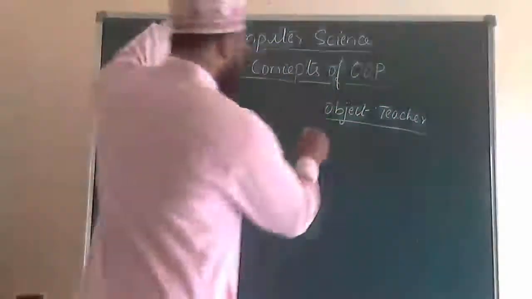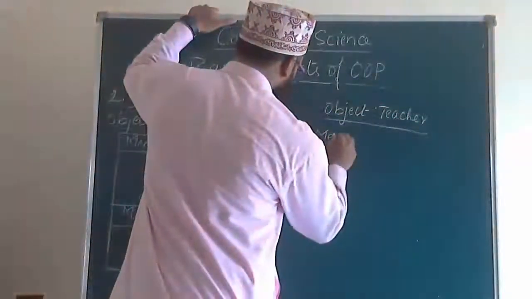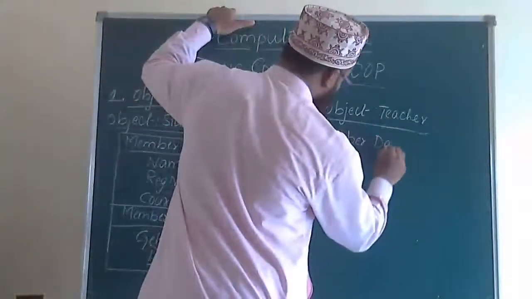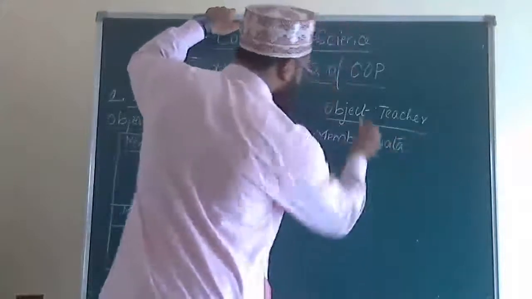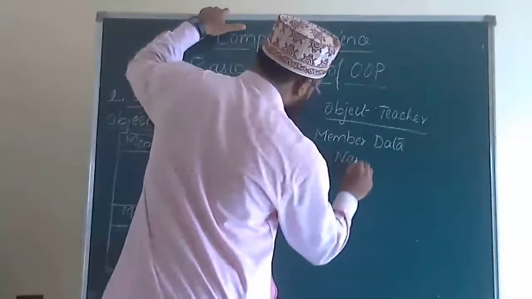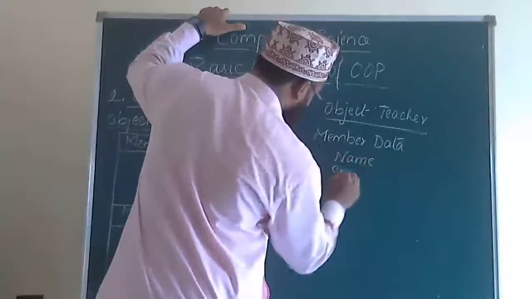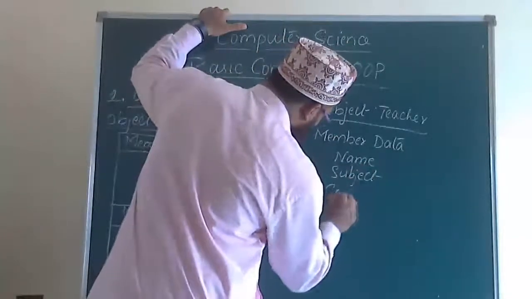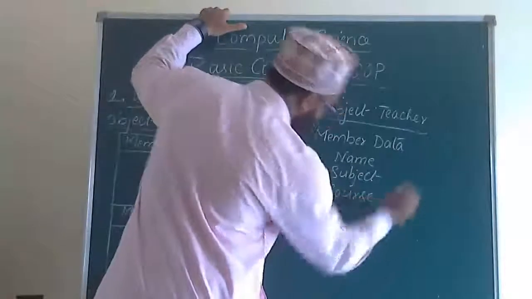Same as teacher. For teacher also, here member data. Data members can also be called member data. This also includes the name of a teacher, then which subject he or she will teach, then to which course he or she will teach.